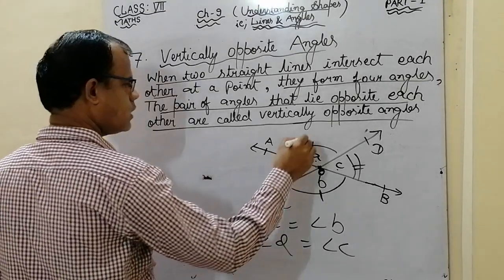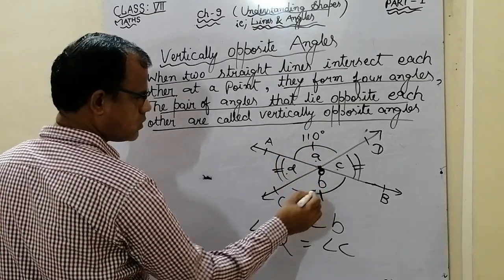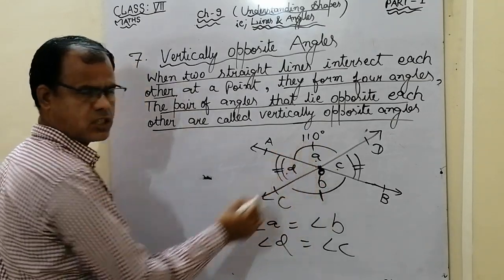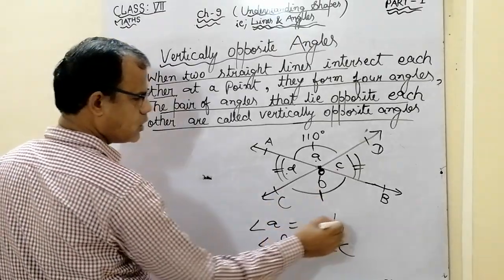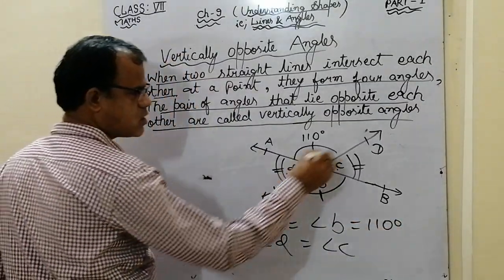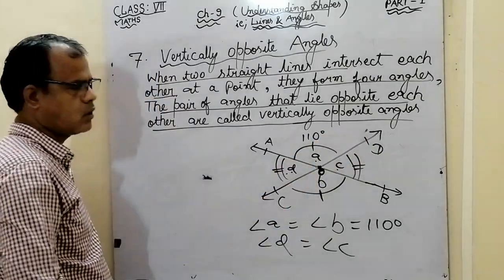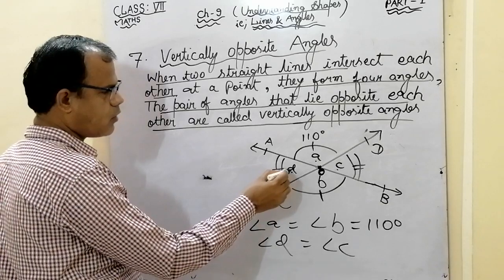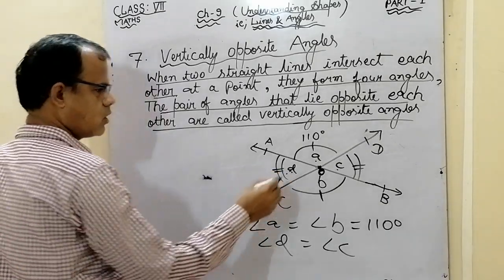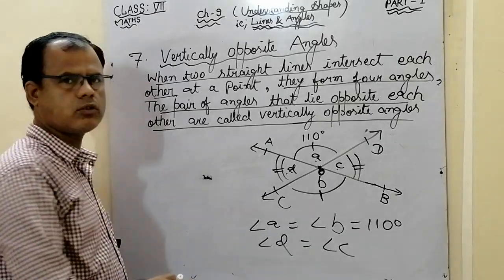Suppose the value of angle A is given as 110 degrees, so B is also 110 degrees. And look here, this is a straight line, and angle A and D form a linear pair, so you can find the value of D also, because angle D plus angle A becomes 180 degrees according to linear pair.